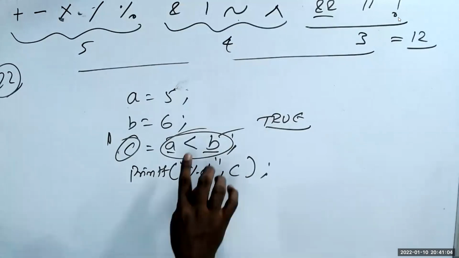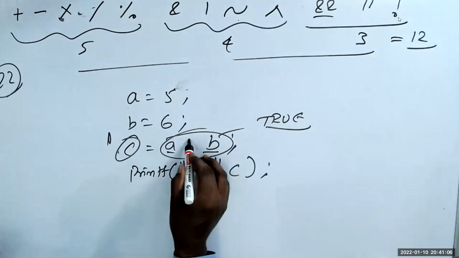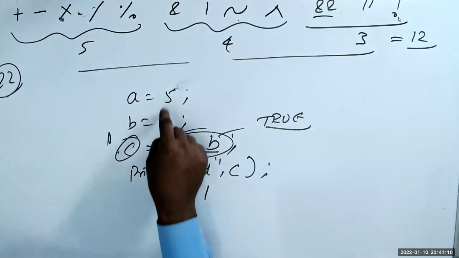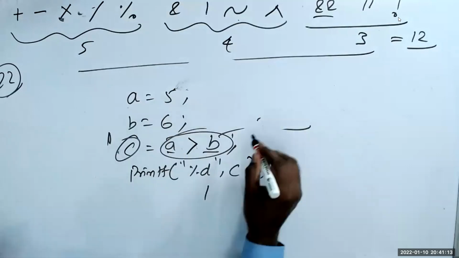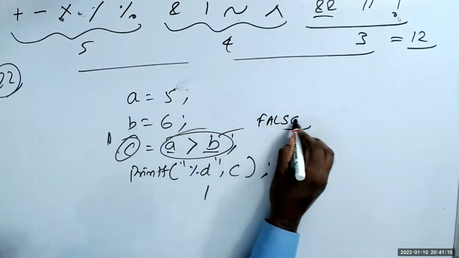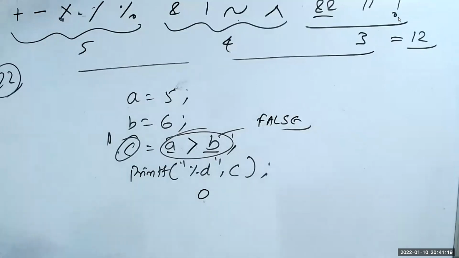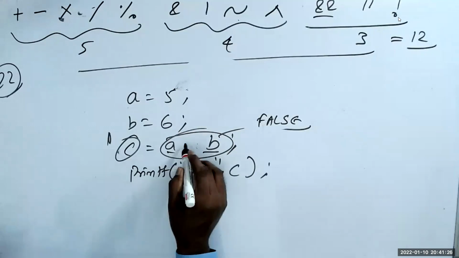Now, if I say the same thing, if A is greater than B, then is it true? It is false. Then the answer becomes 0. I may ask you another question. Is A less than or equal to B?